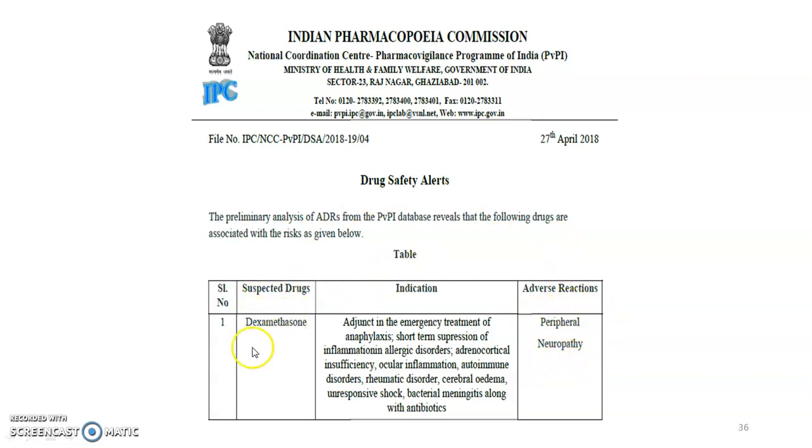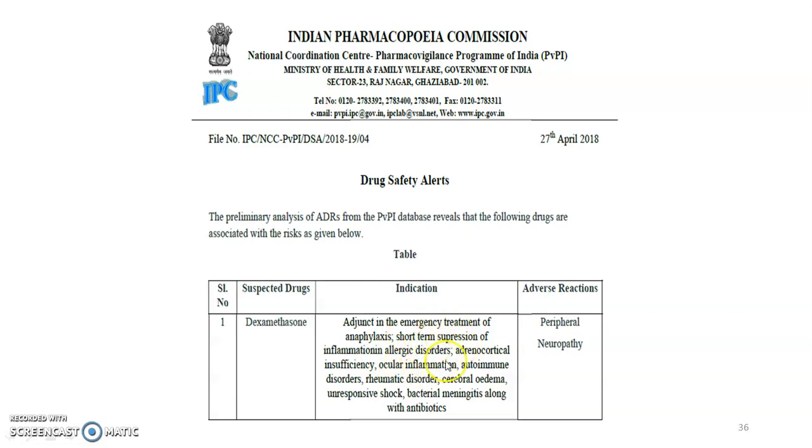But we know why dexamethasone is used, right? Dexamethasone is used in urgent emergency treatment of anaphylaxis reactions, or sometimes for short-term suppression of inflammation mediators, even during allergic disorders.